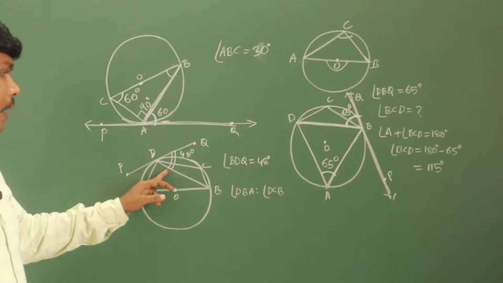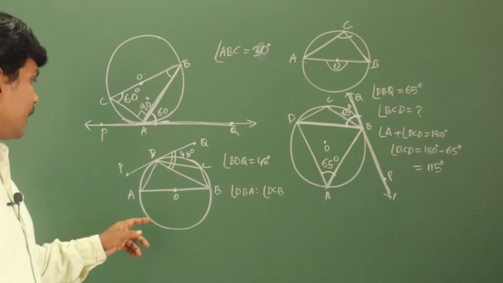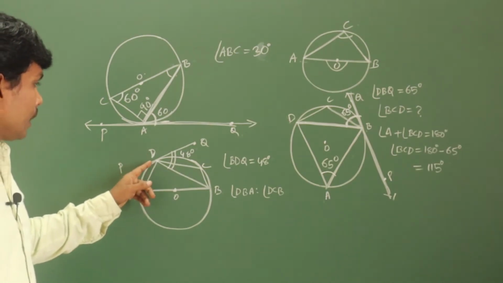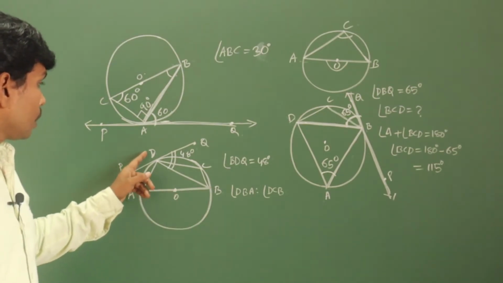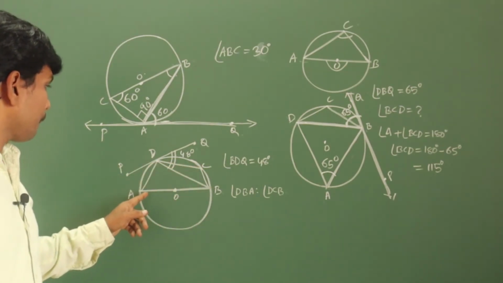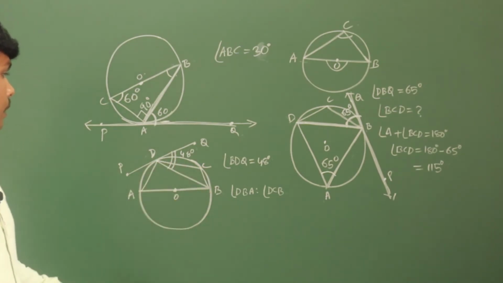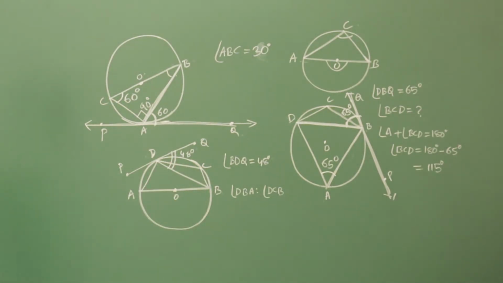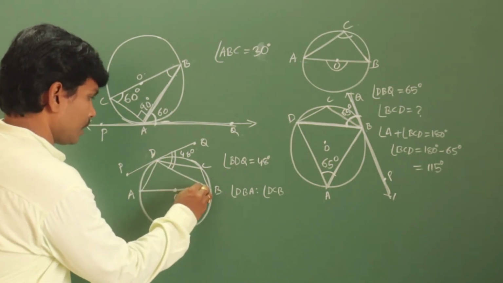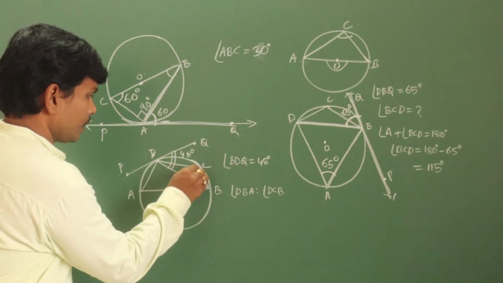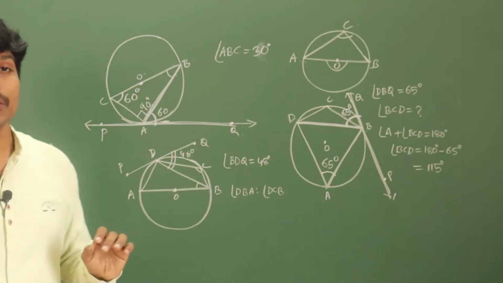Then find angle DBA to DCB. This is DBA. This is DCB. The ratio of these two angles is asked.